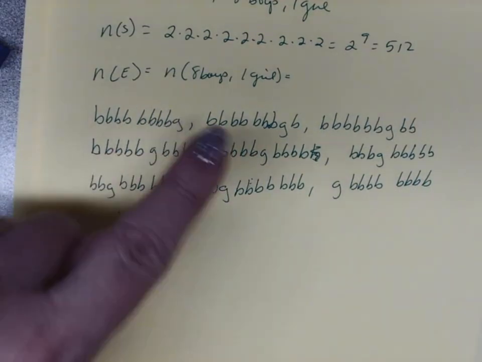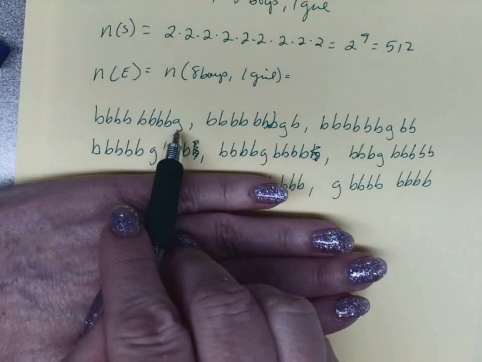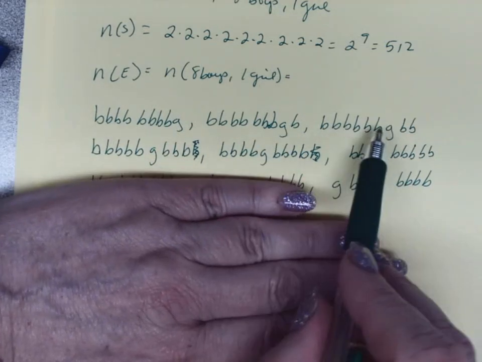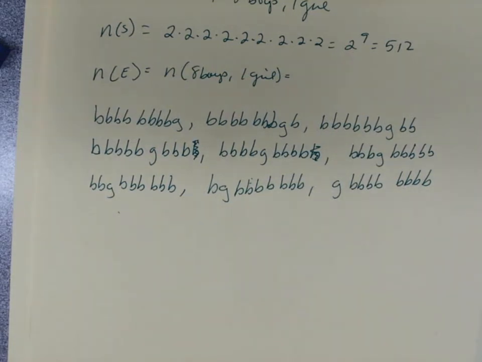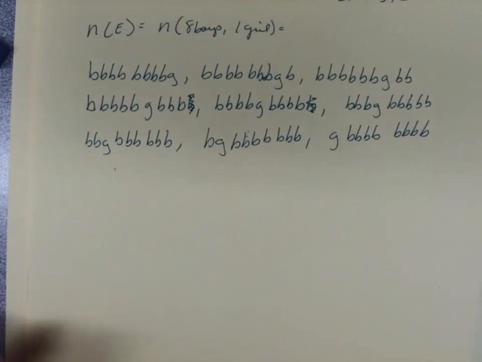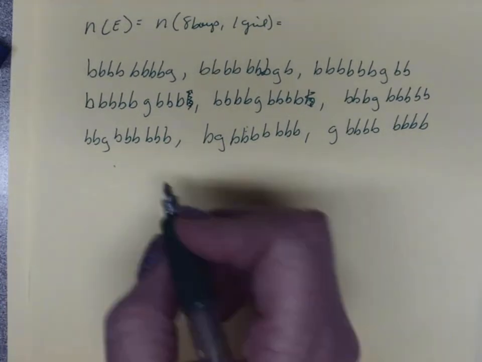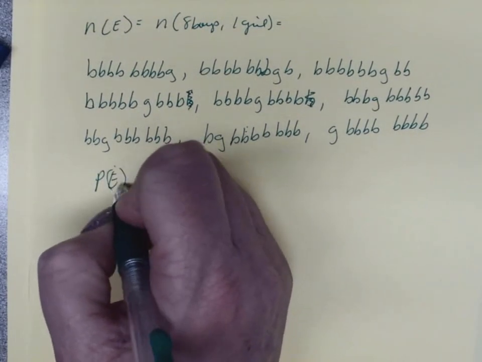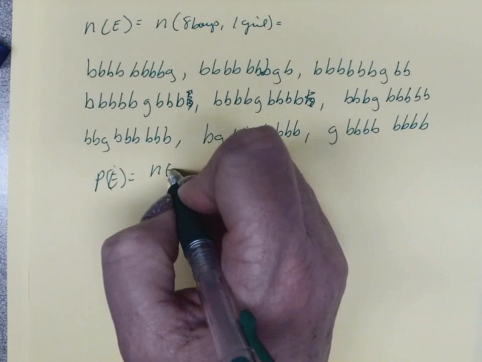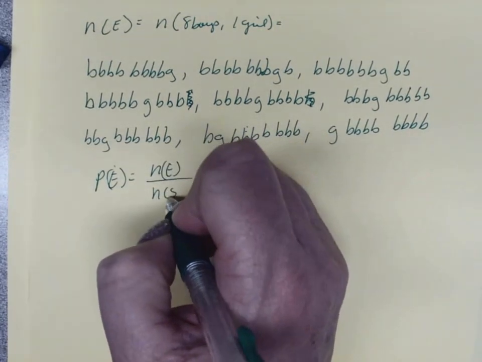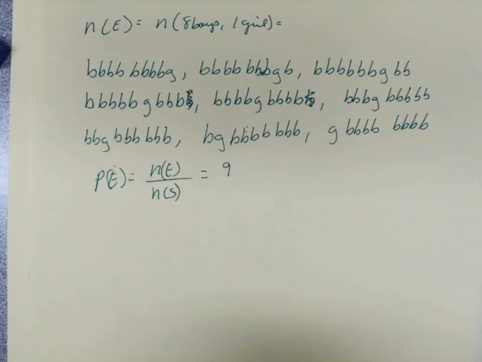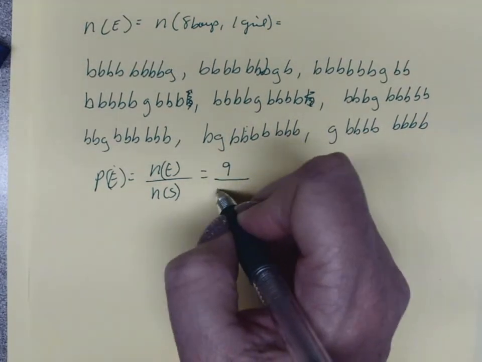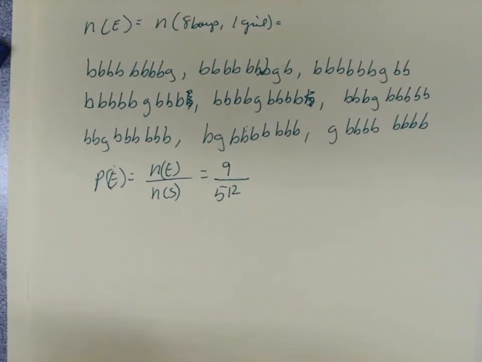So this would be writing it out where the girl was here, then she was this one and that one, and we still get 1, 2, 3, 4, 5, 6, 7, 8, 9 different ways that we can have this one girl. So the probability of E will be the N of E divided by the N of S, which would be 9 ways to have 8 boys and 1 girl out of a total of 512.